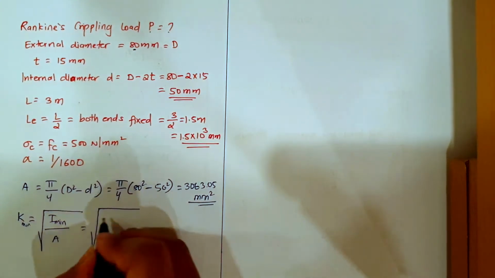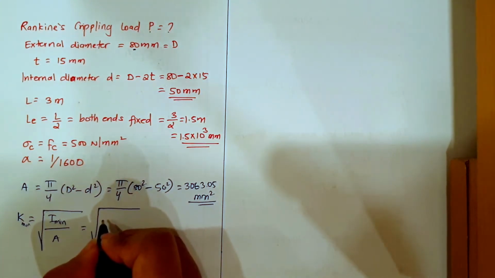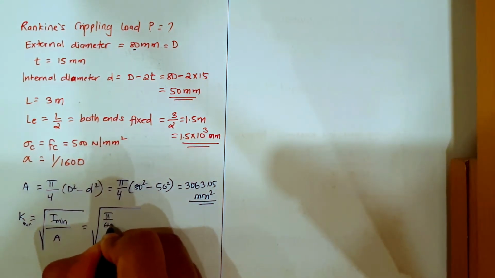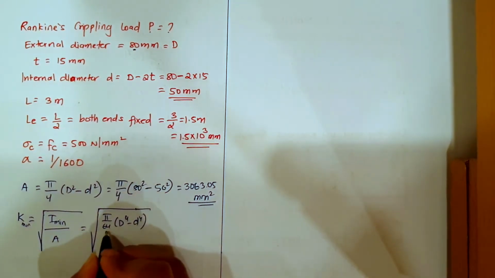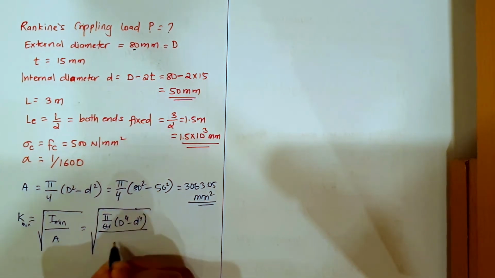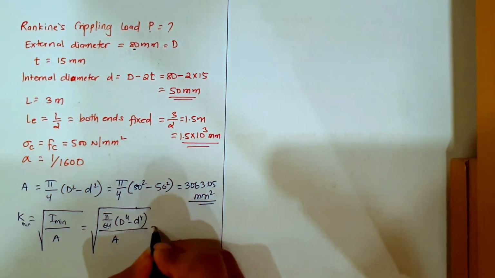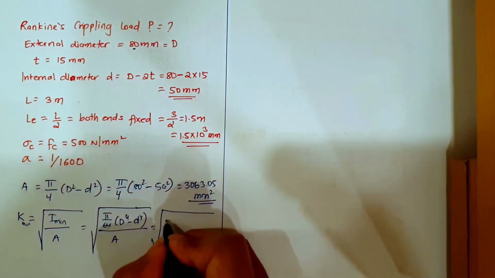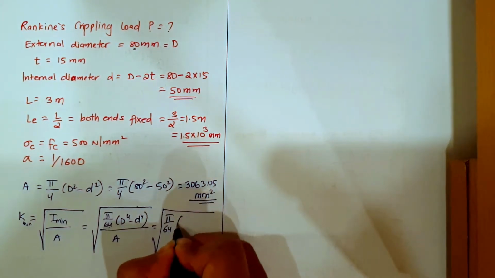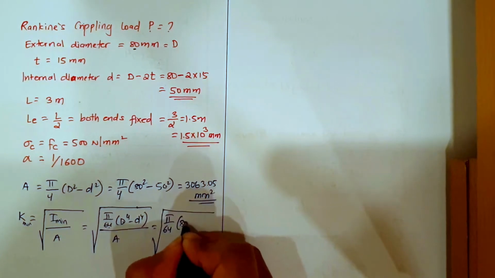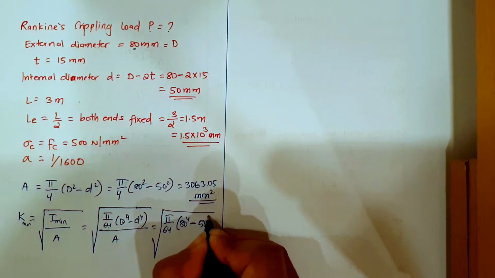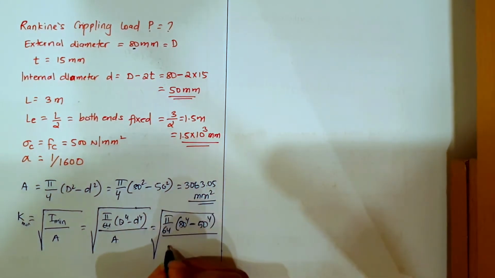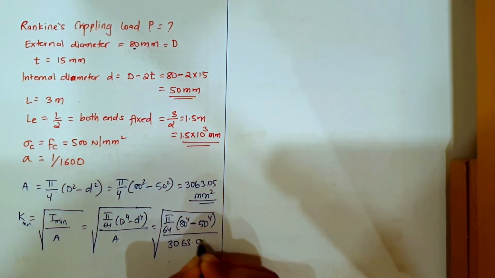So how much will be I minimum? It will be equal to pi by 64 into D raised to power 4 minus small d raised to power 4. This is moment of inertia about x-axis divided by area. Now from here I get equal to pi by 64 into capital D is 80 raised to power 4 minus small d is 50 raised to power 4 divided by area is 3063.05.